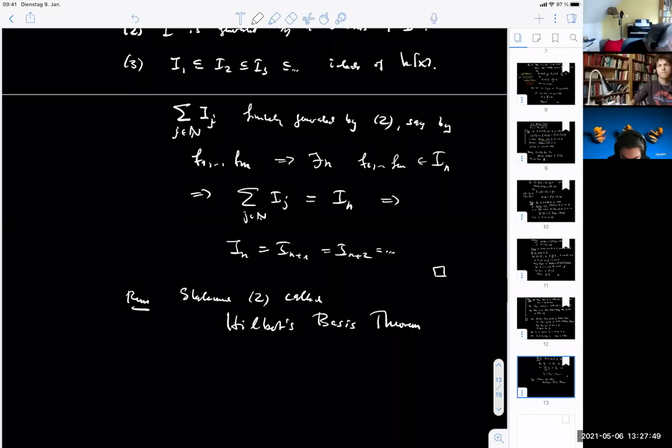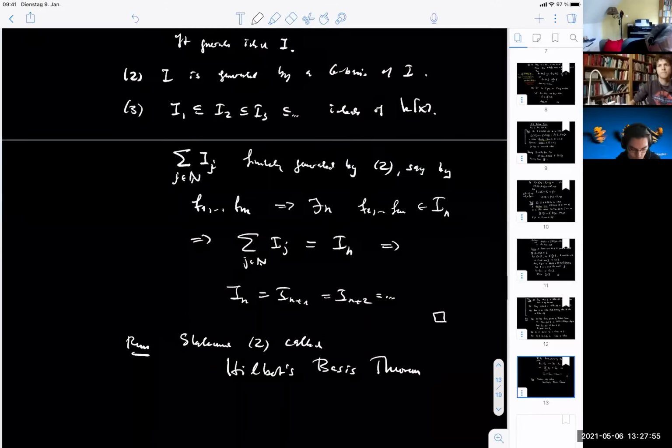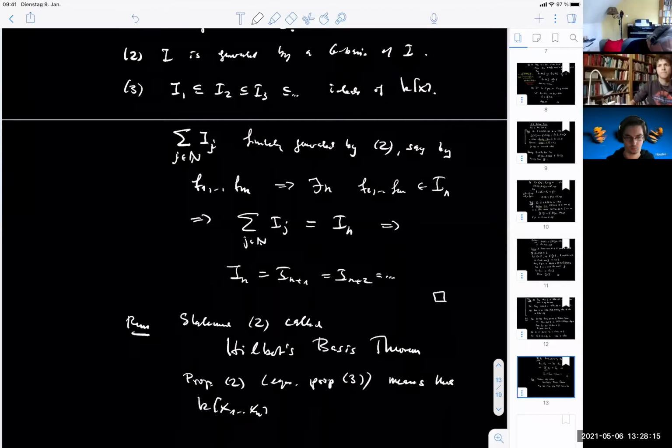So property 2, which is equivalent to property 3, but I only proved one direction, means that the polynomial ring is a Noetherian ring.